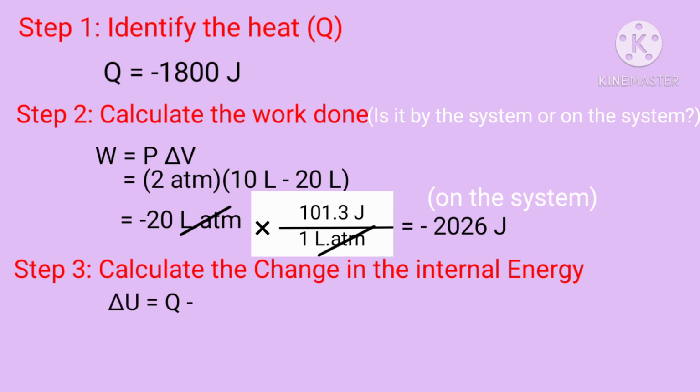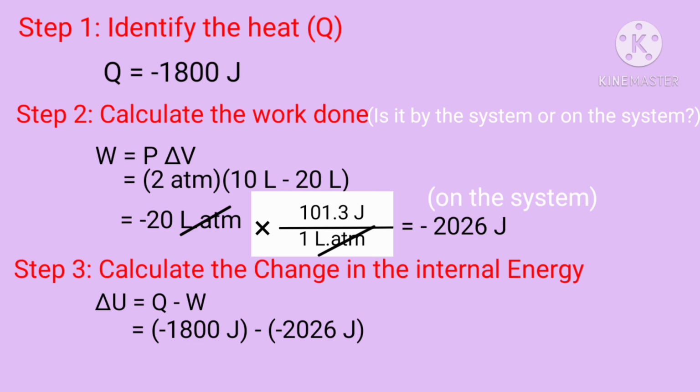Delta U is equal to Q minus W. Our Q is negative 1,800 joule minus negative 2,026 joule. So this will be positive 226 joule. That's the change in internal energy.